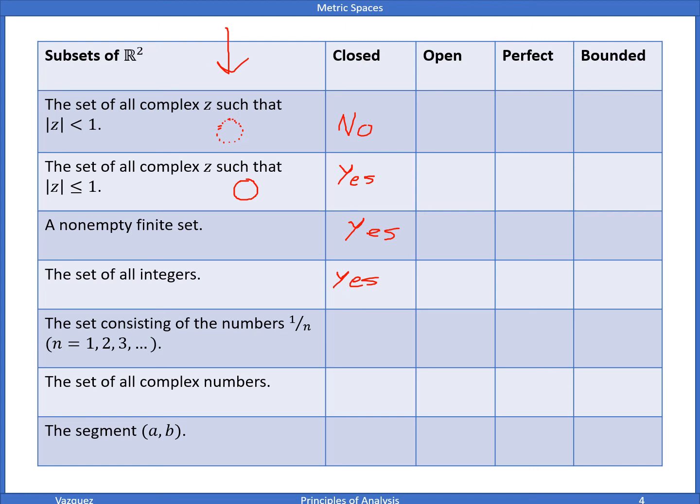Is this one closed? This one is not closed actually, because it doesn't contain 0, and 0 is a limit point of this set. What about the set of all complex numbers? This one is closed. And the segment AB, that one is not closed. The interval AB is not closed. It's an open interval.